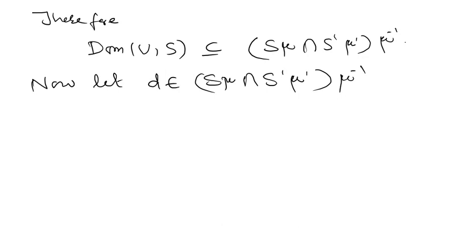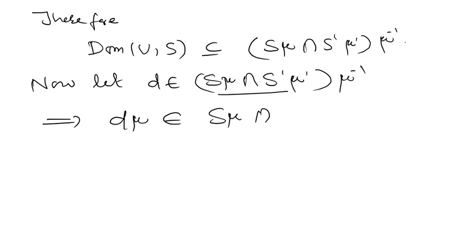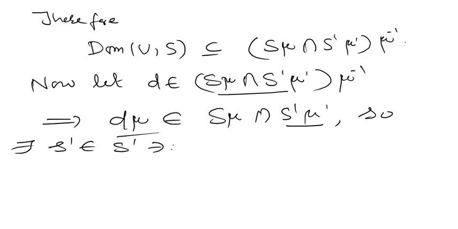So it means that d mu belongs to this intersection, that is, d mu belongs to S mu intersection S prime mu prime. So d mu belongs to S prime mu prime. So there exists s prime in S prime such that d mu is equal to s prime mu prime.